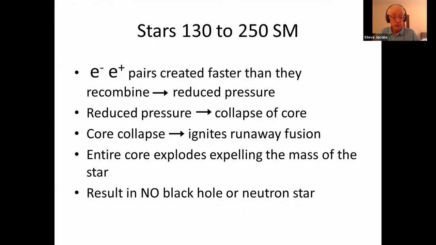The remains of the star are dispersed, enriching the galaxy with elements heavier than helium and hydrogen. And astrophysicists call these metals. The result: no black hole, no neutron star, nothing but a massive amount of ejecta.